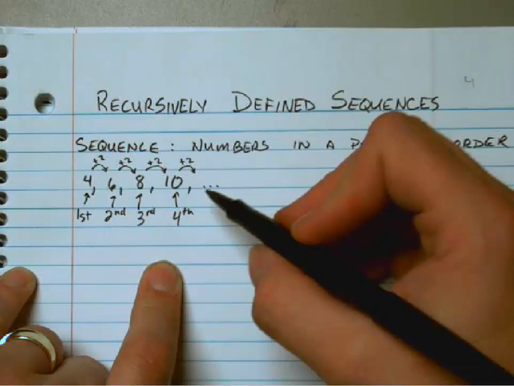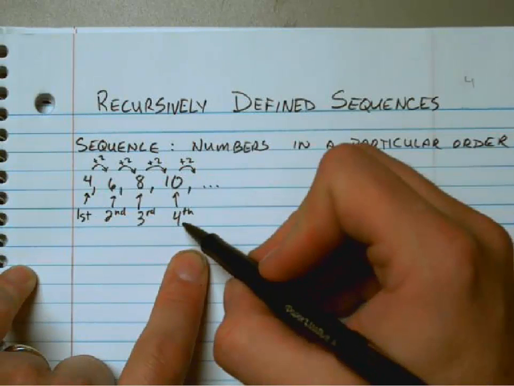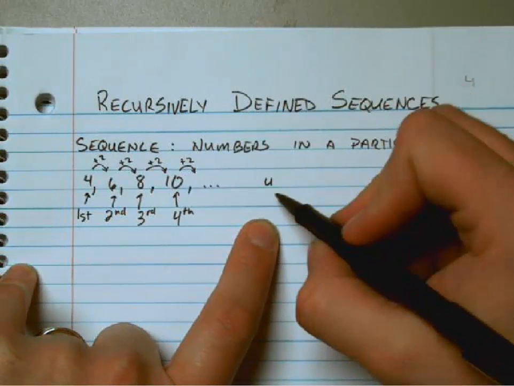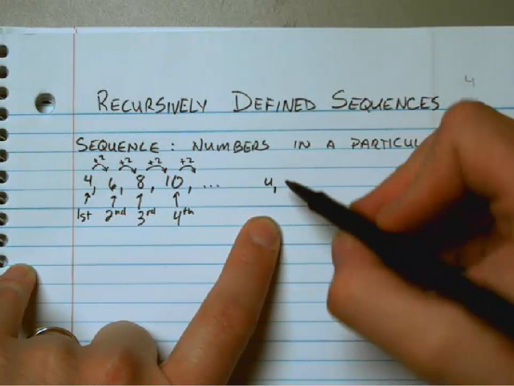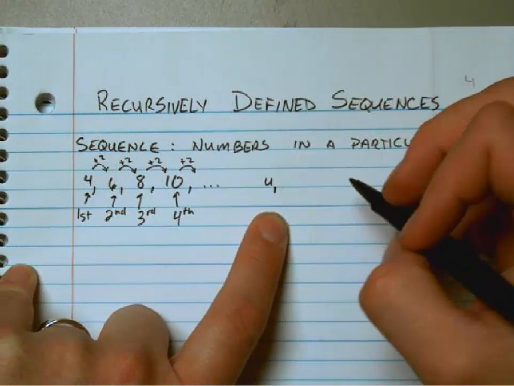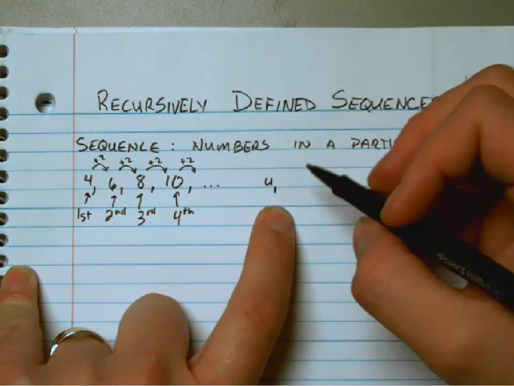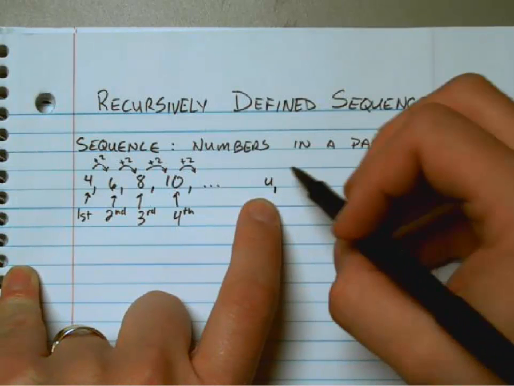Now, we can write this by talking about each term. We're going to use the letter U to talk about the terms. And when I put a little 1 down here, that's U sub 1, is how we say it. That's a little subscript. It doesn't mean anything mathematically. It's not like an exponent. It just means the first U. And the U's are going to be these numbers.